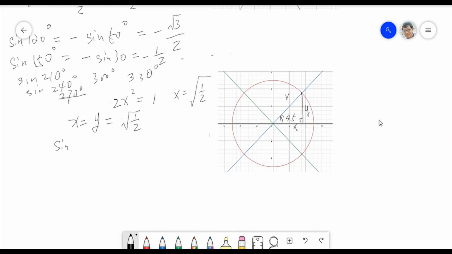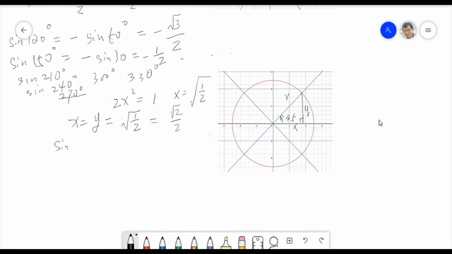And that can be simplified as square root of 2 over 2. Am I right? Yes, right.